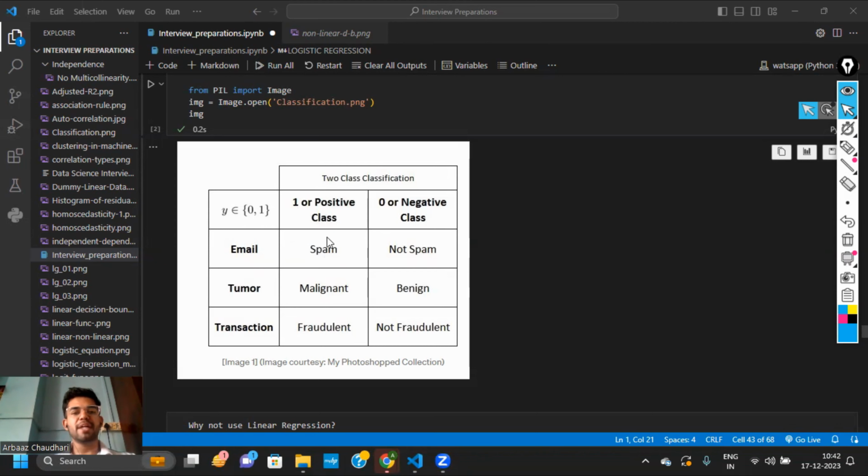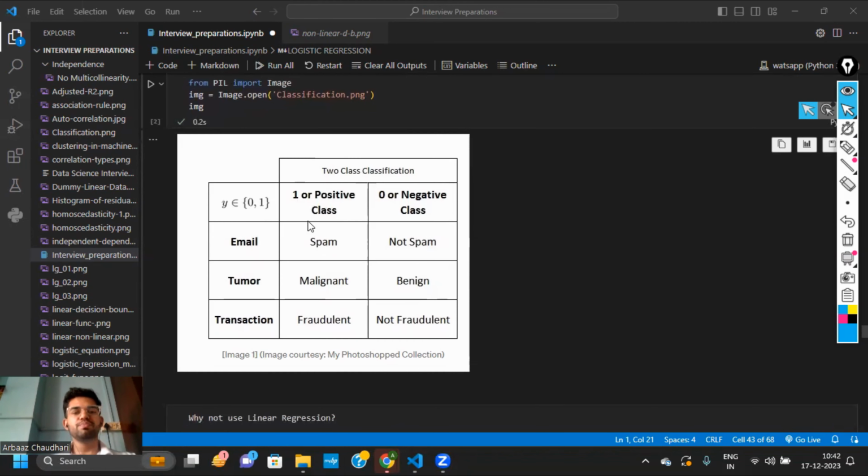You can give spam as 0 and not spam as 1, but here I have shown spam as 1 and not spam as 0. It is up to you; you can give any number to your class. And the same goes for these two examples. So these three are examples of classification problems.